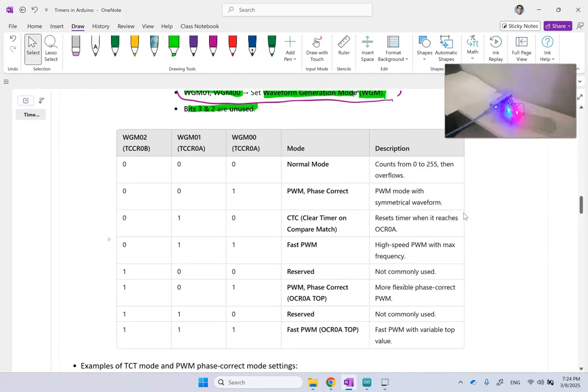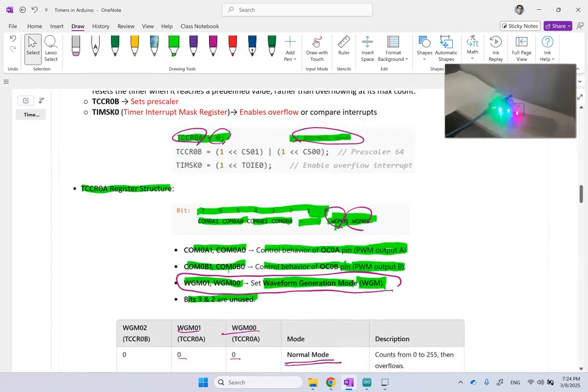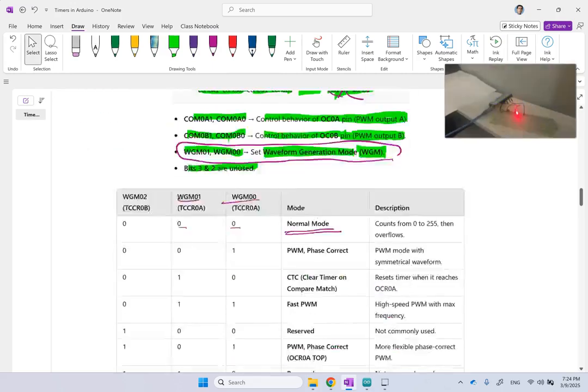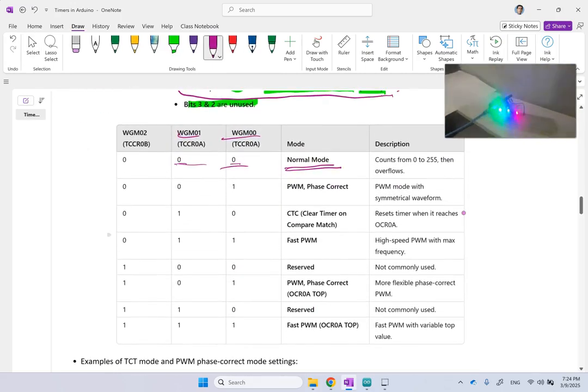As you can see, if they are both 0, it is normal mode. Now, if they are both 0, you don't need to individually set them to 0. Just by saying that the whole thing is equal to 0, that means these 2 are 0. Now, if the first one is 1 and the second one is 0, you are in PWM phase correct mode. If it's the other way around, then it's CTC mode. If they are both 1, then it's fast PWM mode.